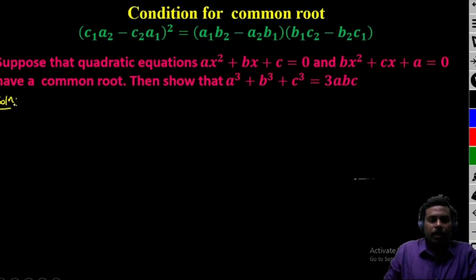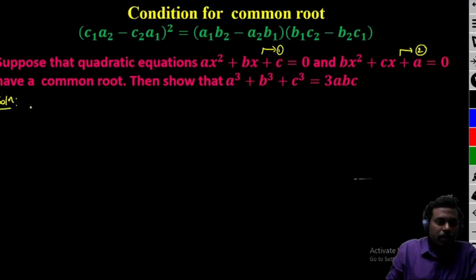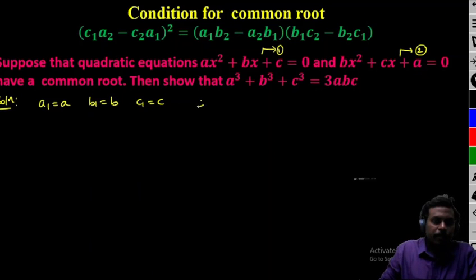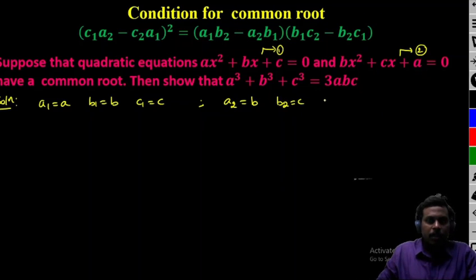Now for the given two equations, we will write what is a1, b1, c1, a2, b2, c2. You call this equation 1 and this equation 2. For these two equations, a1 is a, b1 is b, and c1 is c. Now a2 is equal to b, b2 is equal to c, and c2 is equal to a.